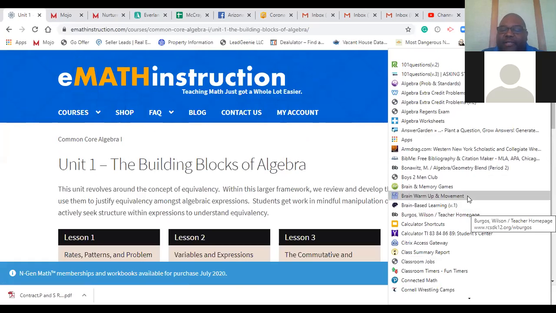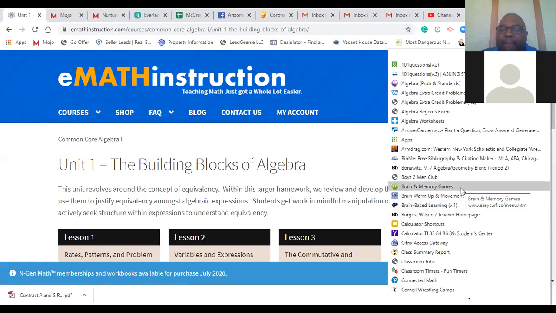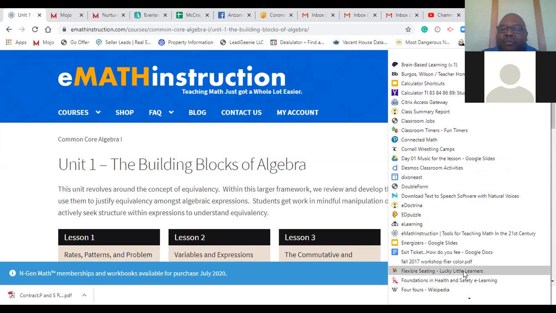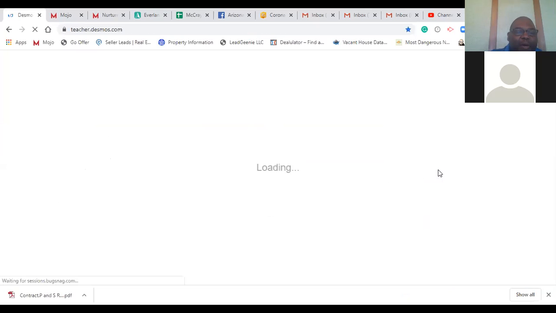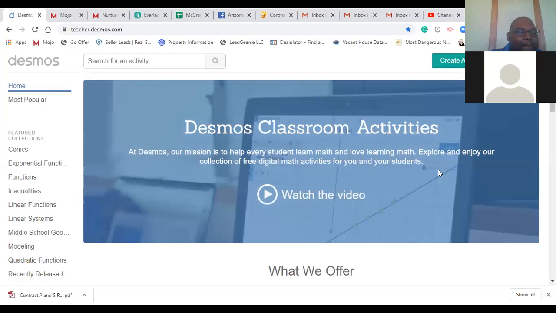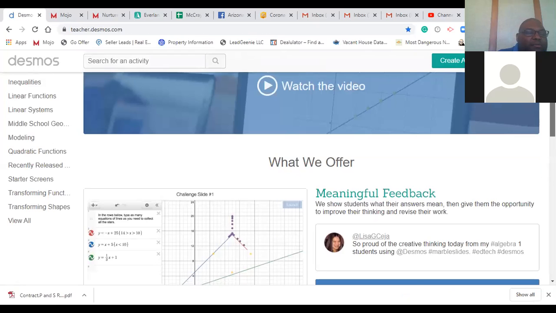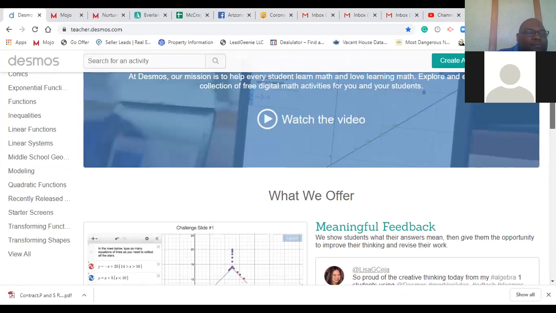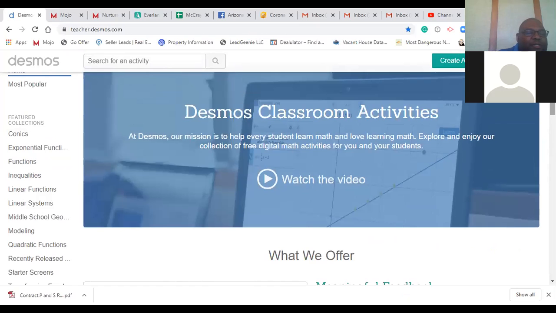Brain Pop is actually, yeah. Brain and memory games. No, that's not what I want, actually. Actually, Desmos. I have not been here in about a year or two. This is cool. So, function.